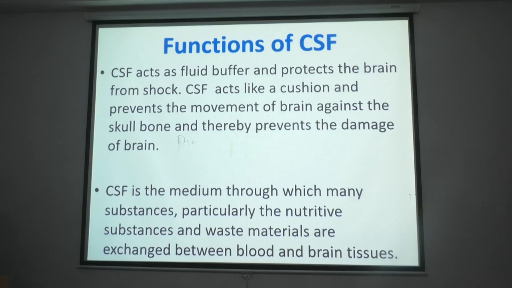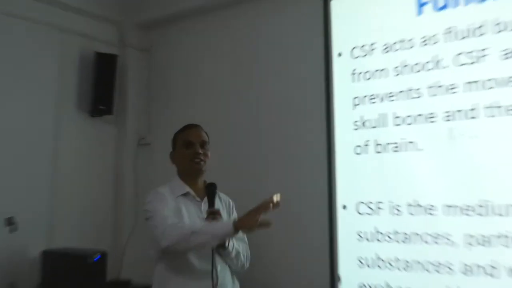CSF is the medium through which many substances, particularly nutritive substances and waste materials, are exchanged between the blood and brain tissue. Understand? This is a very important function. Nutritive substances should be exchanged between the blood and the brain tissue. Who is the medium for that? I think that is only CSF.